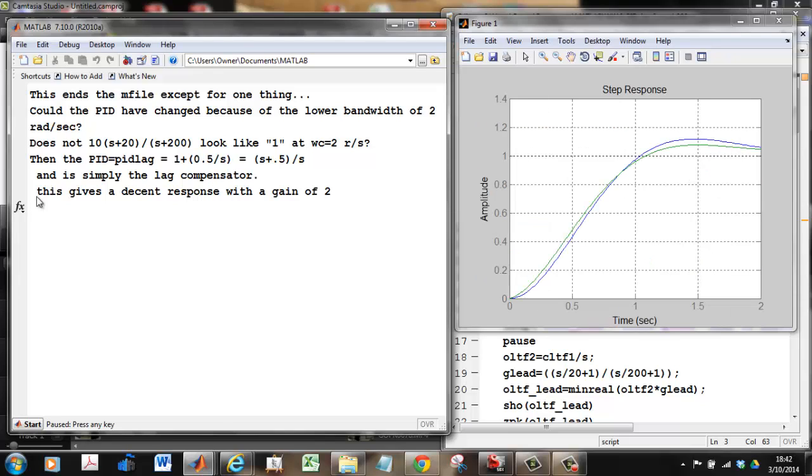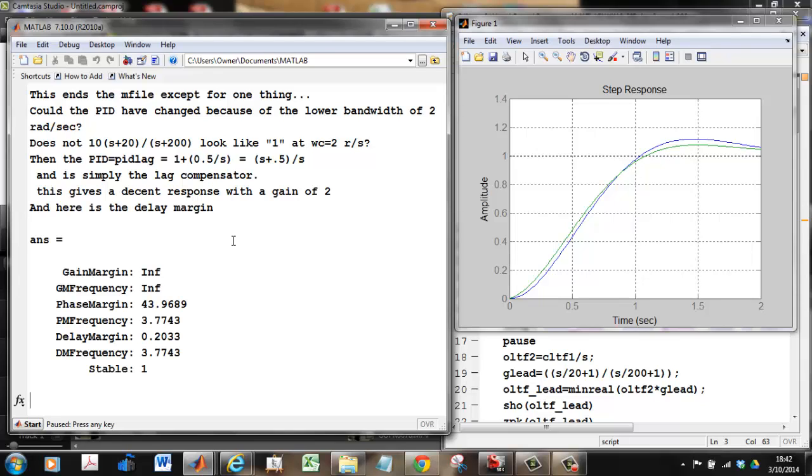Again, with a gain of 2, here's the difference between the original system that we lowered the bandwidth for with the PID, the full PID, and the system with only the lag compensator. Now the lag compensator may give us a little problem with the steady state error, but you see the responses are pretty good. And the lag compensator by itself gives us 203 millisecond delay margin.